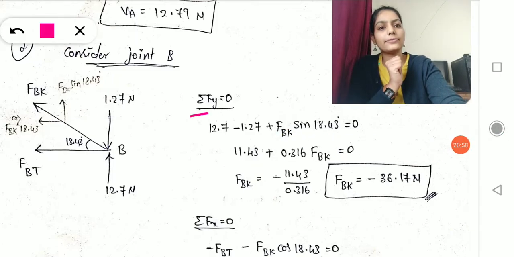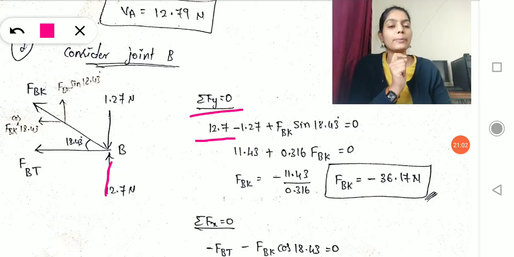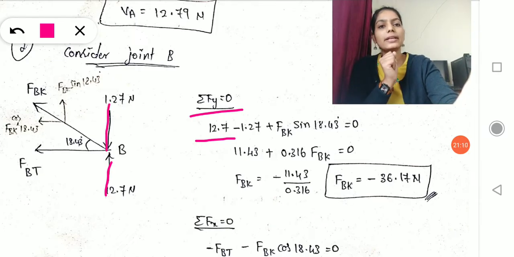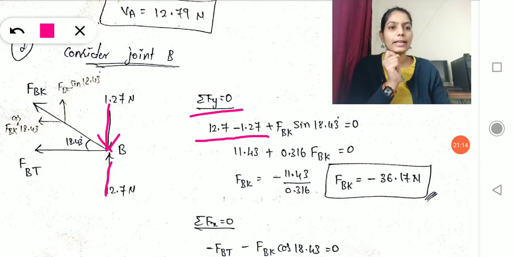Summation of Fy. First was 12.7, and that is in the vertical direction, positive, therefore vertically upward. This is vertically downward, and that's why it is negative, minus 1.27.